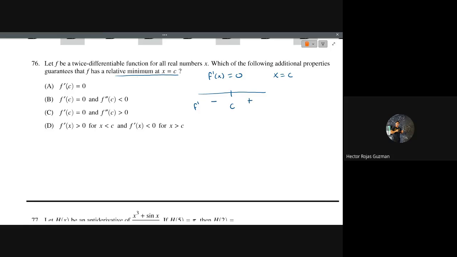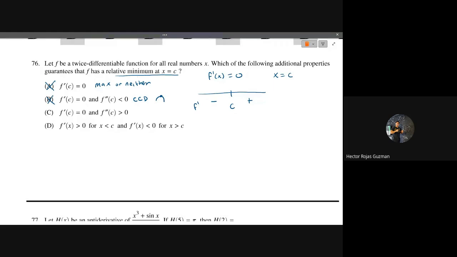So option A is not the answer because even though it's a critical point, it could be a maximum or it could be neither. The derivative is 0 and the second derivative is negative. That would imply that f of x is concave down, but that would give us a maximum.